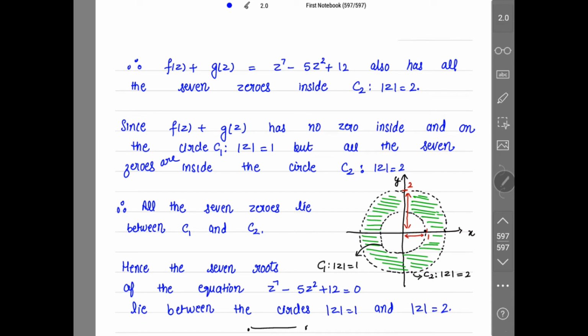And all the roots lie inside C2 but outside C1. That is only in the green colored region, between the circles C1 and C2. So hence the 7 roots of the equation lie between the circles mod z equal to 1 and mod z equal to 2. Alright, just go through this example.